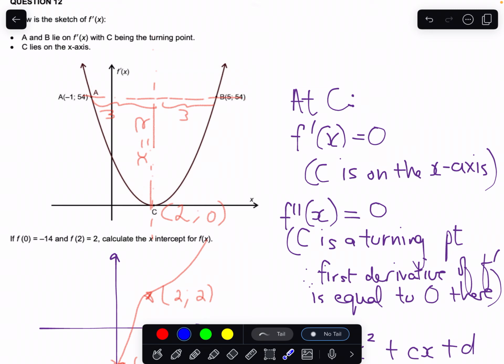So that's how they get that equation, a times x minus 2 squared. Then they sub in one of the points. It looks like they sub in this point to find that a is equal to 6. So then they get the equation of this parabola using that. Then it looks like they do integration, huh?